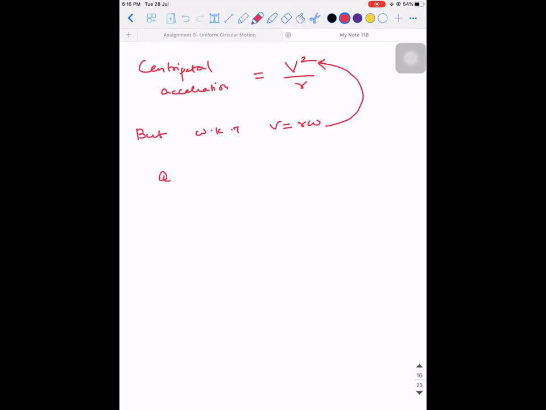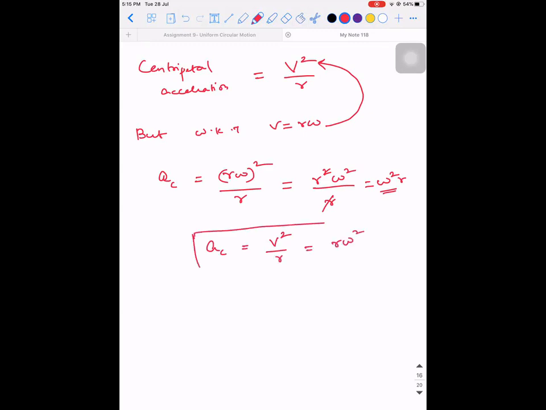Substitute it here. Then centripetal acceleration can also be written as r omega the whole square divided by r. So this will be r square omega square divided by r. R and r will get cancelled. It will be omega square into r. So you can use either v square by r or omega square r, both are equations for centripetal acceleration.